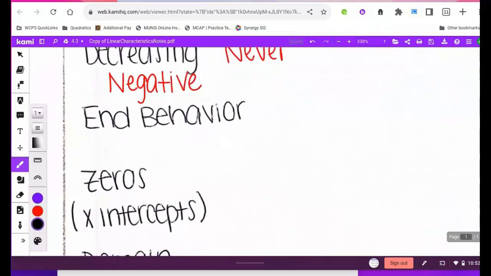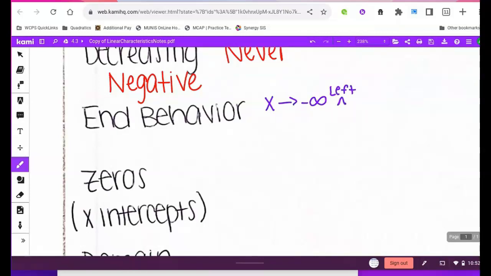As x approaches negative infinity, meaning the left arrow is pointing down, f of x, which is just a fancy way of saying y, is also approaching negative infinity. So our end behavior we write out like this.